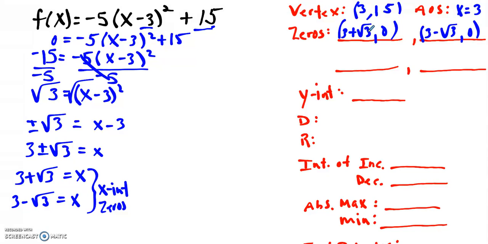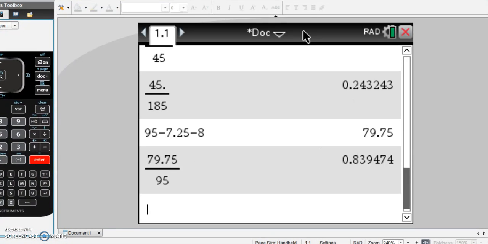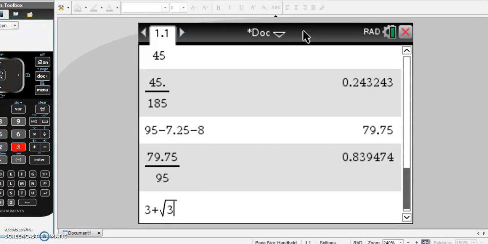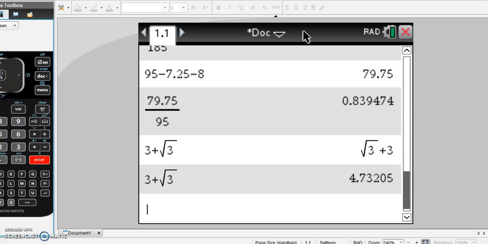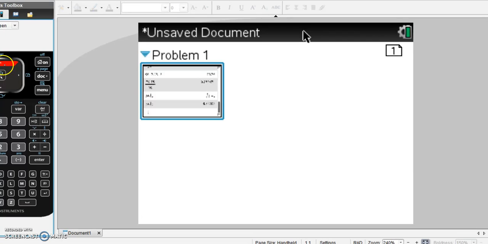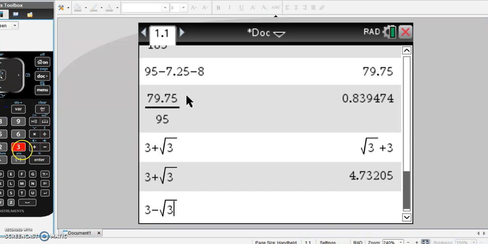And let's come up with decimal approximations now. Here is my screen, and I am going to put in 3 plus the square root of 3, get an answer. Oh, my calculator on this computer doesn't give me approximations. There we go. 3 minus the square root of 3, I know you're all laughing and giggling at me.